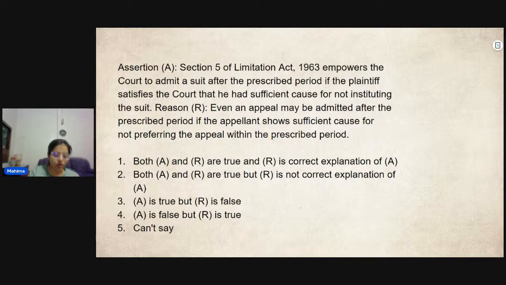Yes. No, not only to appeals. Yes, R is correct. Yes, cause वो नीचे वाले को I was reading it as suit. Yes, cause Section 5 is applicable only to appeals. Not only to appeals, but it is also applicable to applications. I was reading it as applications and not appeal. Yes, okay.